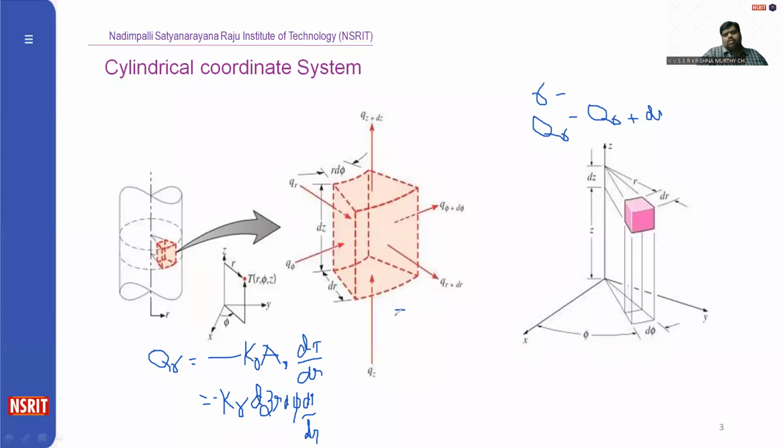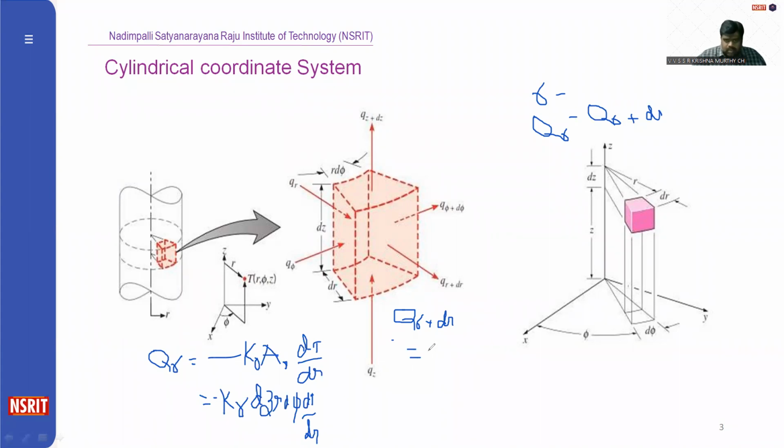Then how to find Q of r plus dr? In your mathematics, you have seen the Taylor series expansion, that is f of x plus h is equal to f of x plus 1 by 1 factorial d by dx f of x times h plus 1 by 2 factorial d square by dx square f of x times h square, like that.